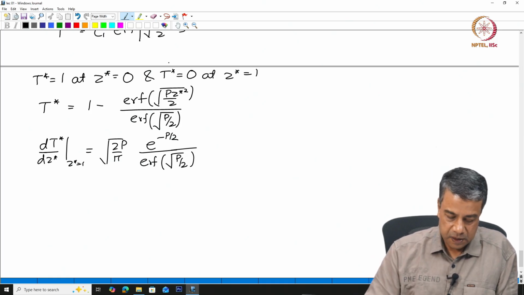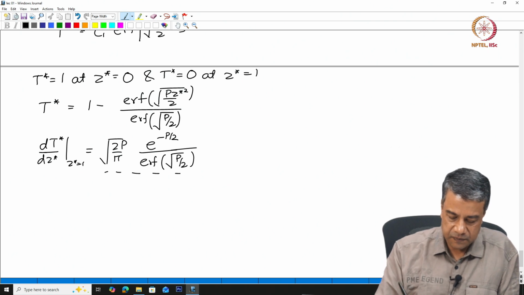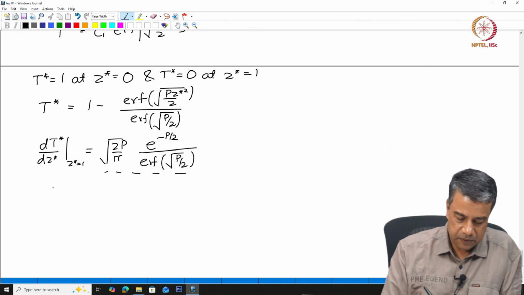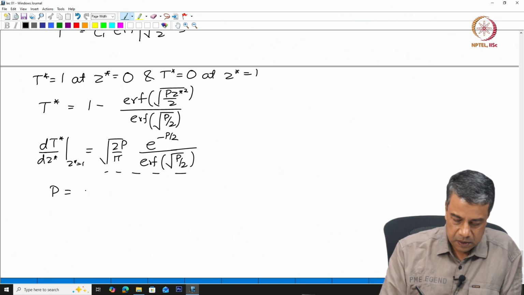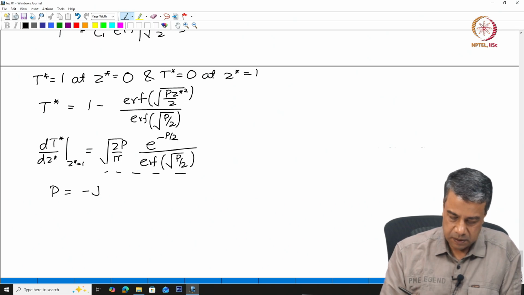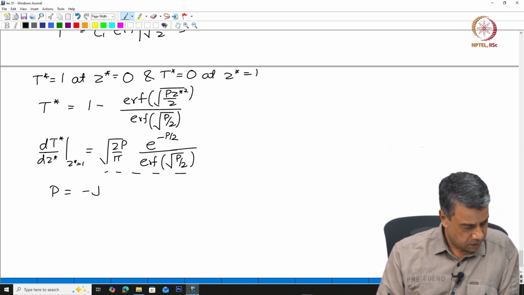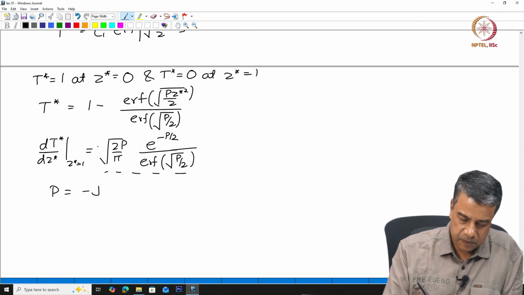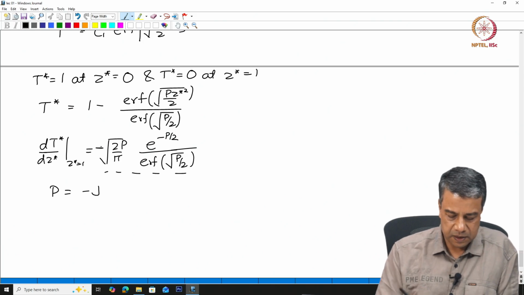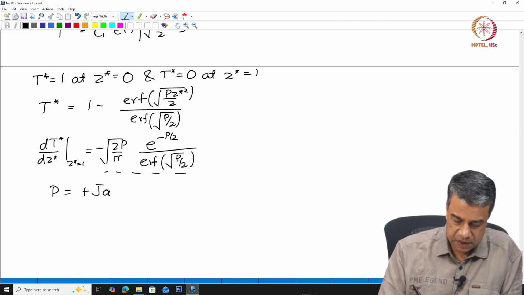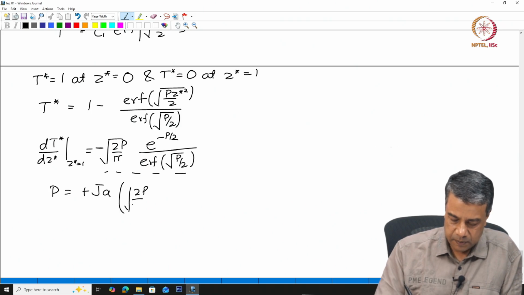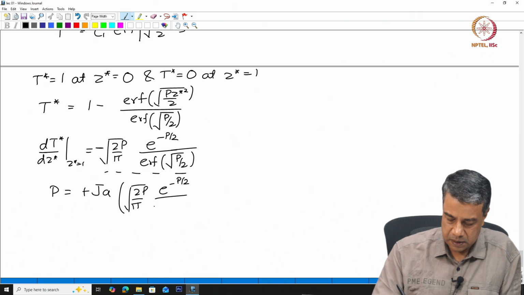In that I substitute this expression for dT by dz. I am sorry, this should be a negative sign because the temperature has to decrease. So I will get plus the Jakob number into root of 2p by pi, e power minus p by 2, by error function of root of p by 2.